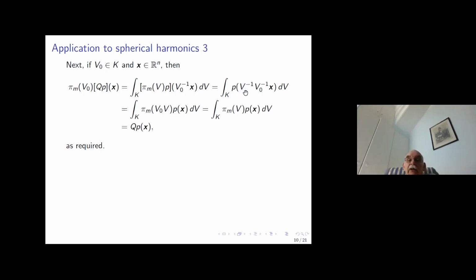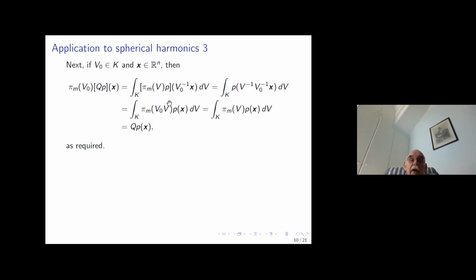Now I apply the definition of this. Well, this brings in another v to the -1. Now v to the -1 times v0 to the -1 is actually the same as v0v all to the -1. So I can take that out as pi m of v0v P x dv. And now I use the fact that my Haar integral does not depend on translations.